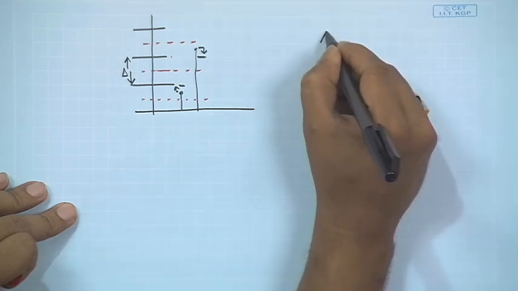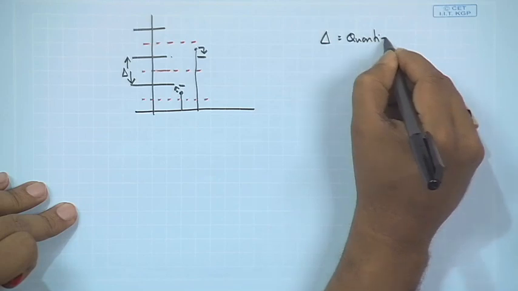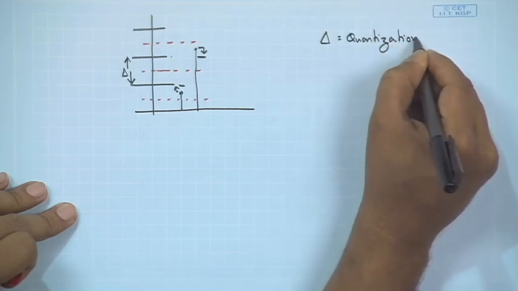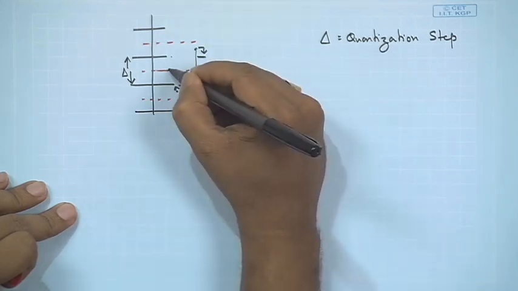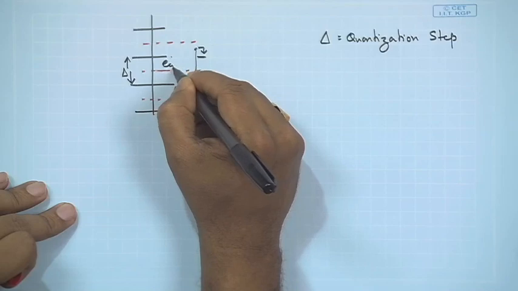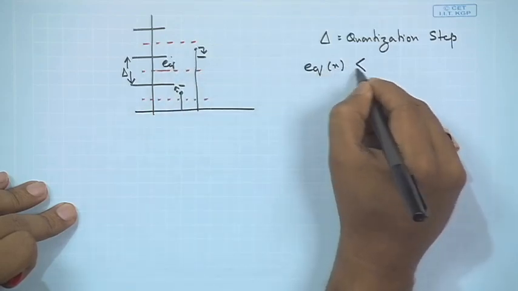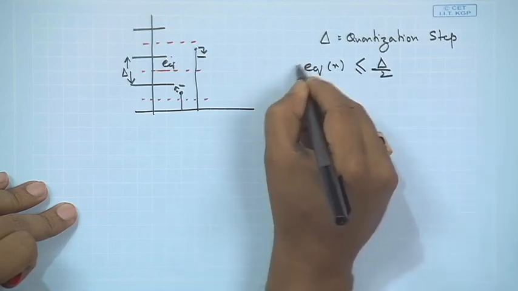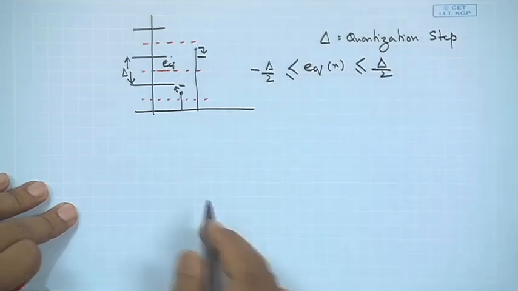So, delta is the quantization step. What we can see is that the error is only halfway. So, we can say E_q[n] is less than or equal to delta by 2 and greater than or equal to minus delta by 2.